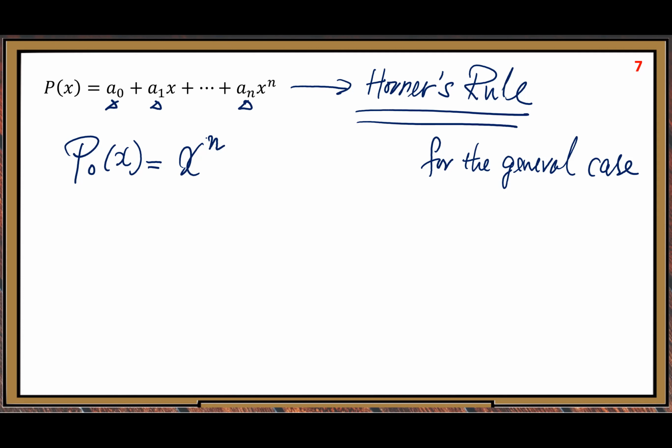Horner's rule tells us the number of multiplications equals the degree n. Here, you would use n multiplications, not very fast. You can do better than that. You can do faster than that.